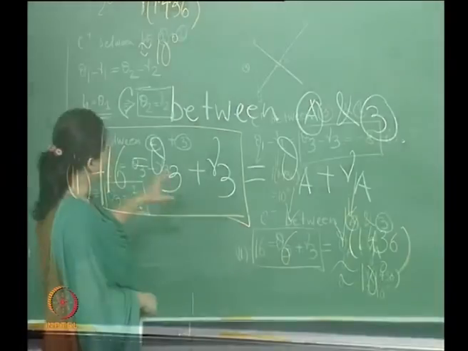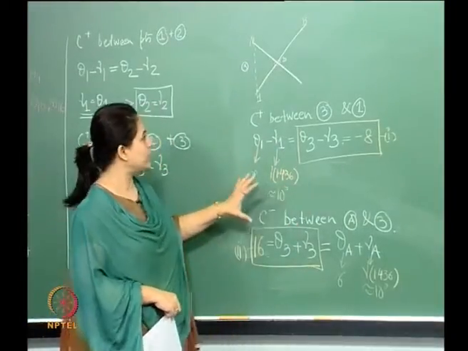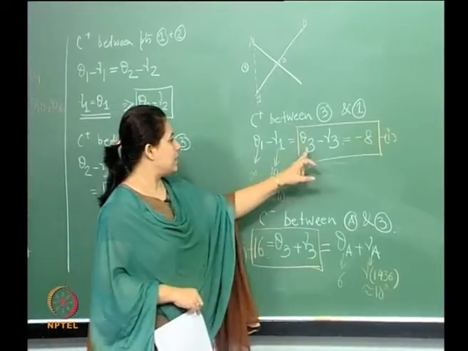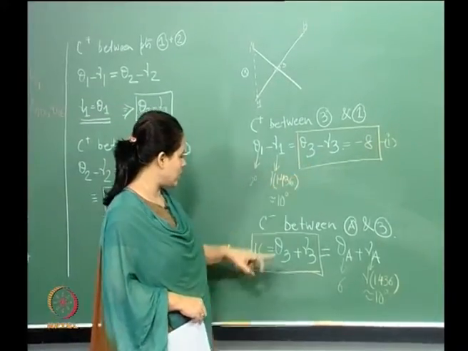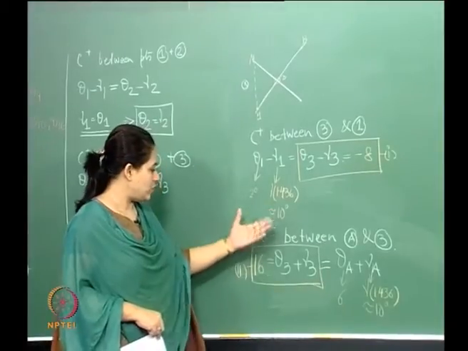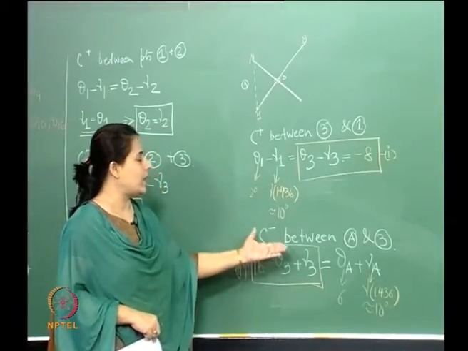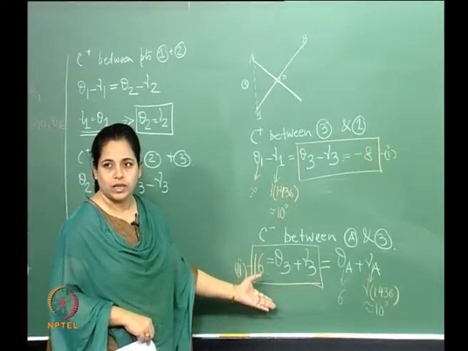so what you basically have here is these two equations, and you can just eliminate theta 3 and mu 3 from these two equations simultaneously.